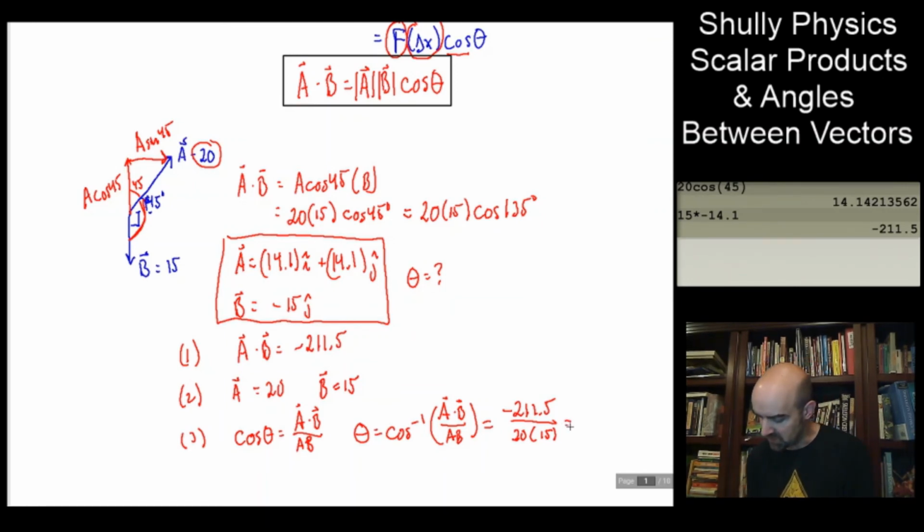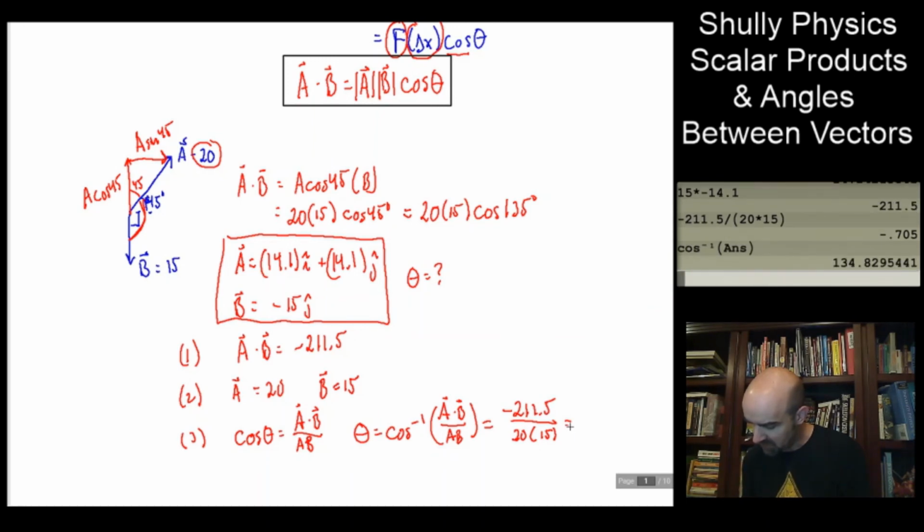So negative 211.5 divided by quantity 20 times 15. Negative 0.705. And I'm going to take the inverse cosine of my answer there, of negative 0.705. 134.8. That's really close to 135 degrees. Okay, a little reverse engineering there to find that angle.